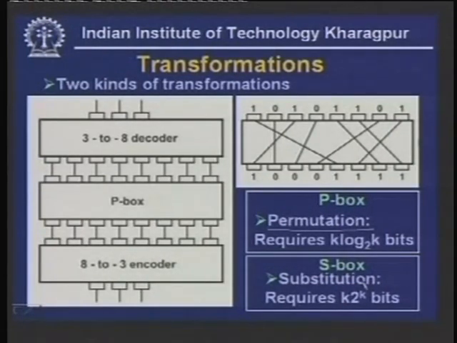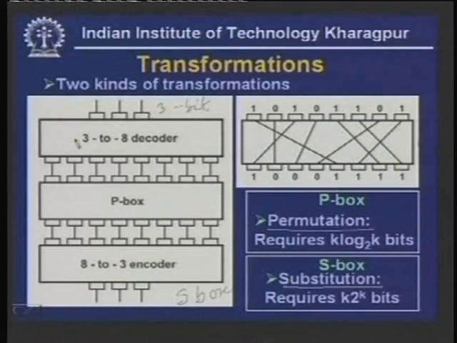On the other hand, another transformation can be done, which is known as substitution, which can be done with the help of S box. S box is shown here. Here, first with the help of a decoder, the input is converted into another number. For example, here you have got 3-bit input.